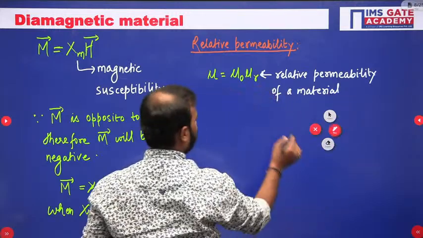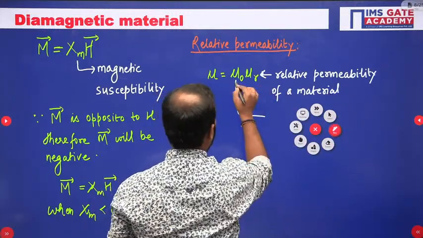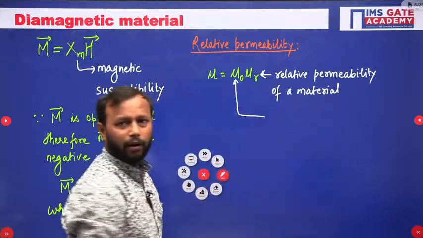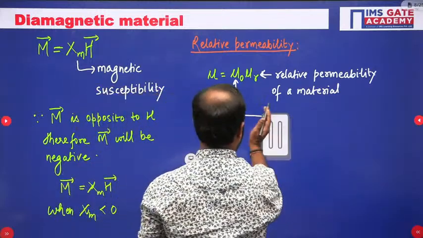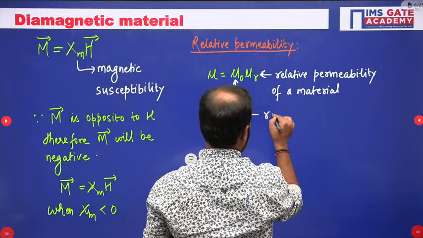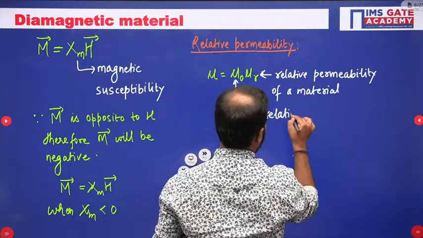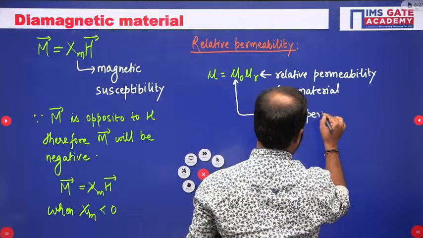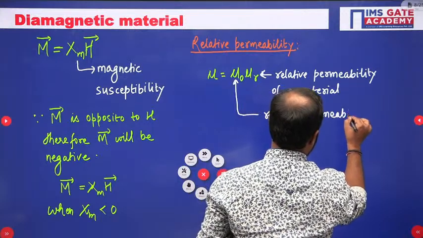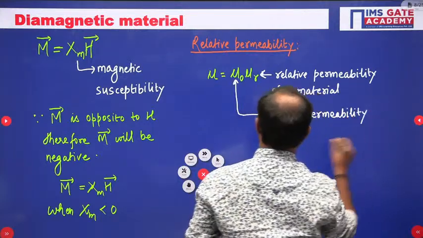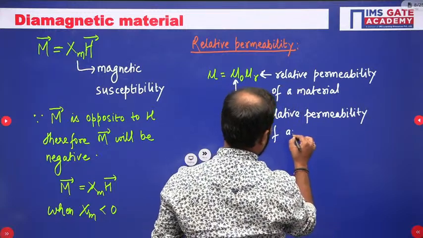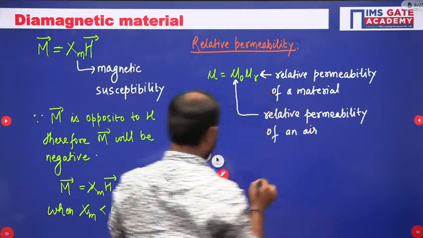And this mu naught is the permeability of free space. Ajay, Mathan, this is the permeability of air.